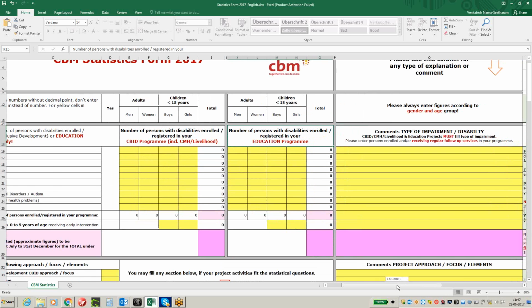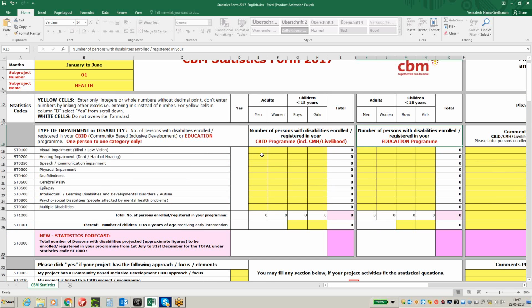For example, if they say 10 men and 20 girls are visually impaired and enrolled in your program, then in the first semester report, January to June, this should be the opening balance of the project plus any new additions made during the year 2017 between January and June. They should put those numbers here.